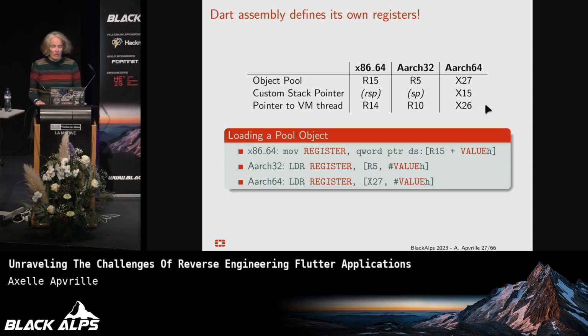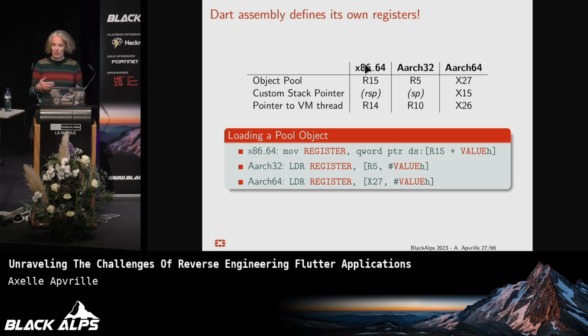And then the thing that we have to know is exactly how do we access the object pool in Dart when Dart is assembled. In Dart, you've got a specific register which holds the base of the object pool. In x86-64, it's R15.